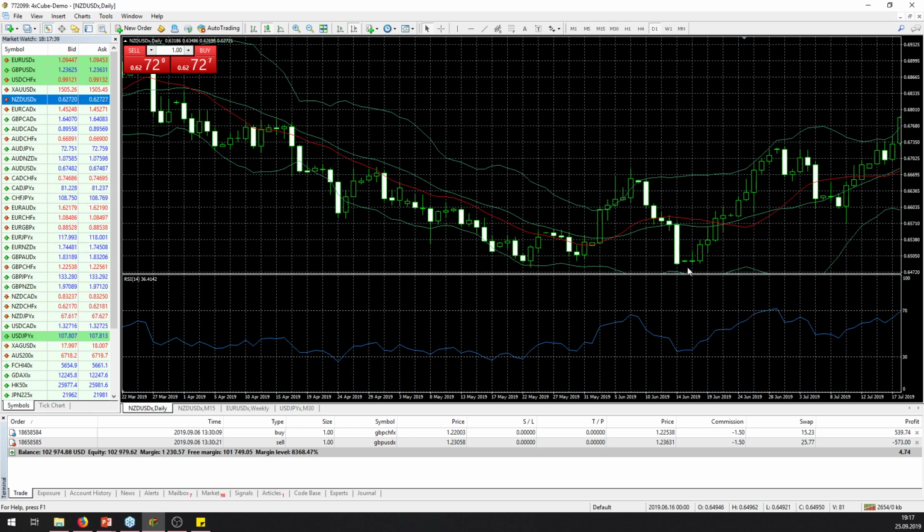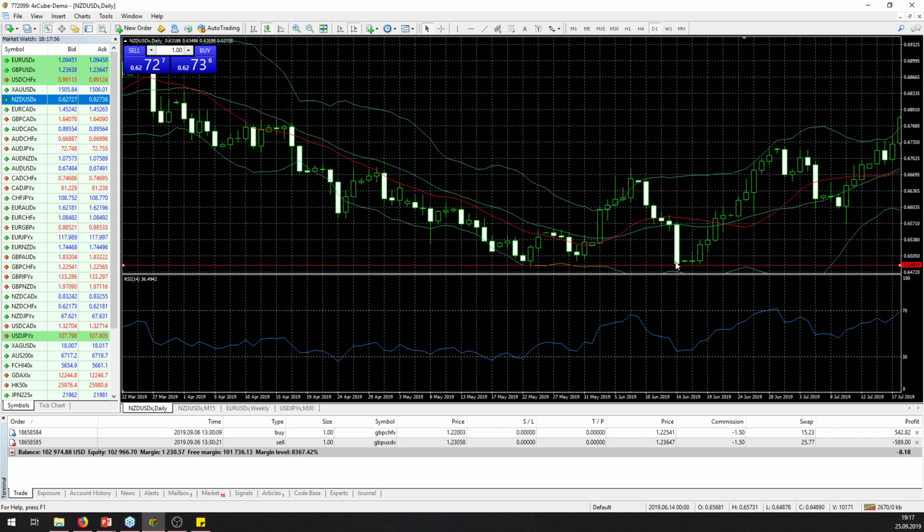You could put a stop loss here. Let's say if you were to buy right here, this would be a good place to put a stop loss, just underneath the inverted hammer, and you can see it's at a support level.